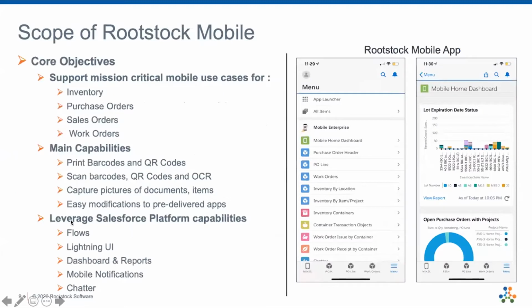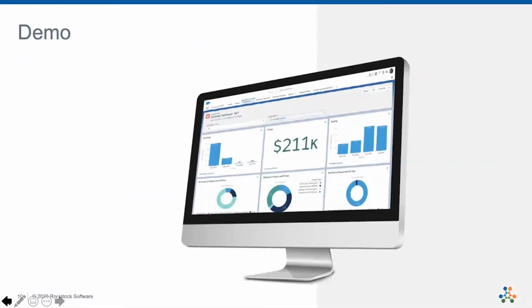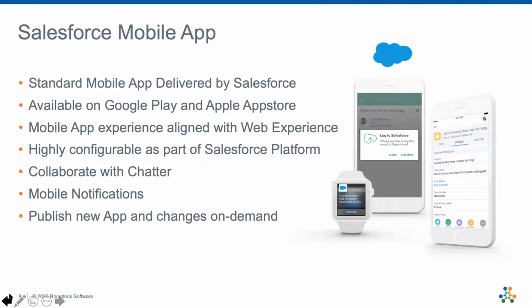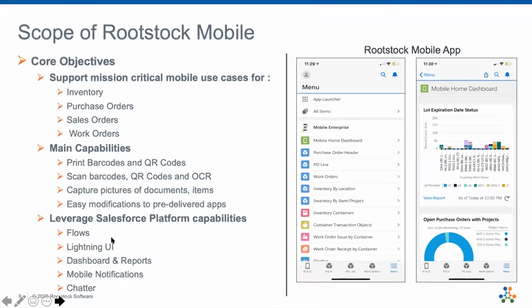Particularly that last point you made, Ramesh, is that you can publish these apps very, very quickly. Change them, clicks, not code, and get them out like that. Absolutely, thanks for highlighting that, because this is one of the core capabilities within the Rootstock mobile app. Because it sits on top of the Salesforce mobile app, there is no additional overhead for customers to publish an app and go through the approval process in the Apple App Store and Google Play Store.